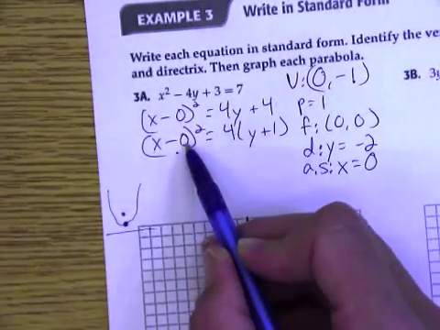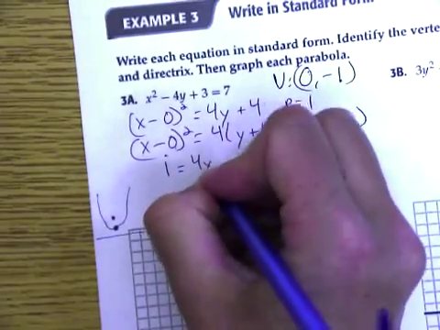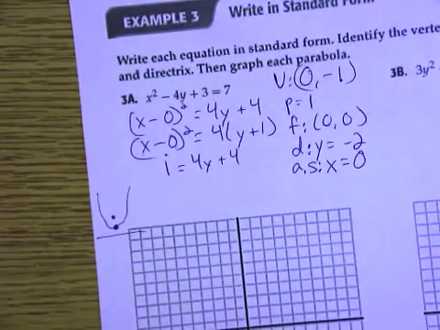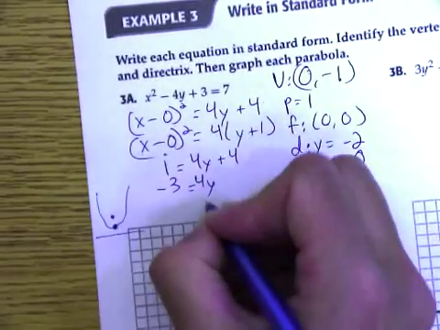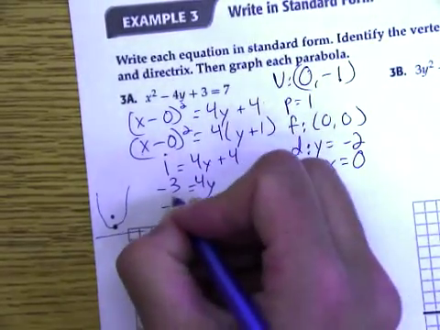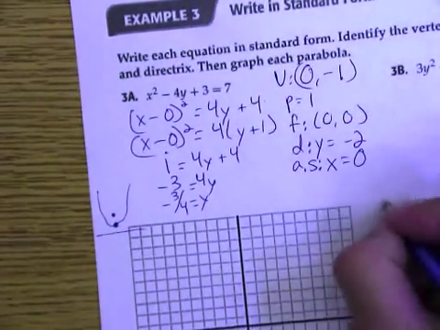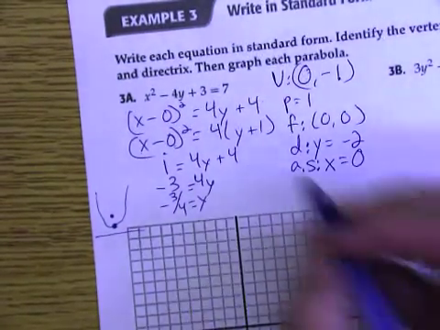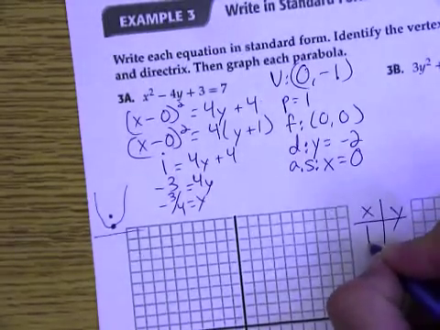And now that I have all the information about it, let's go ahead and graph it. My vertex is at 0, negative 1. And if I plug in 1 for x here, I get 1 minus 0 is 1. 1 squared is 1 equals 4y plus 4.